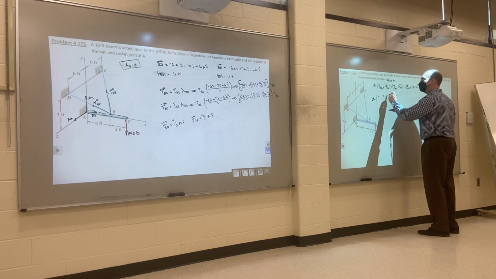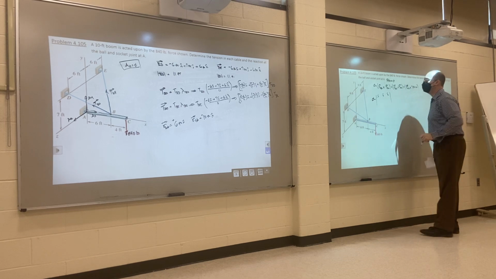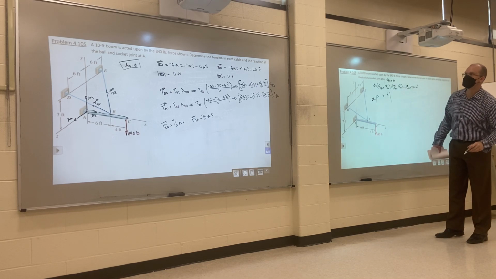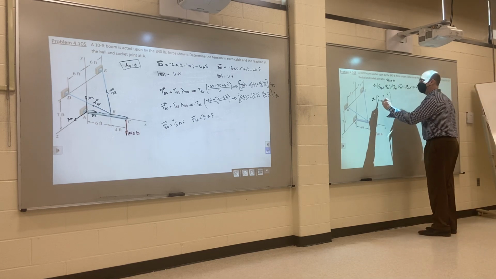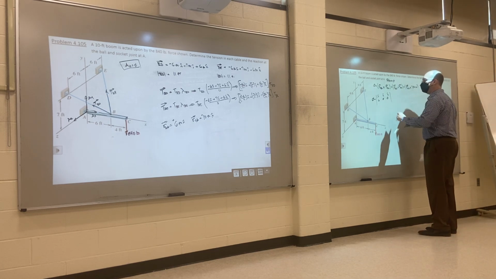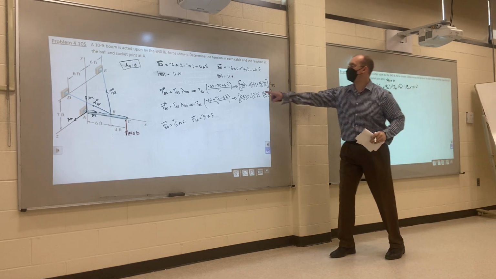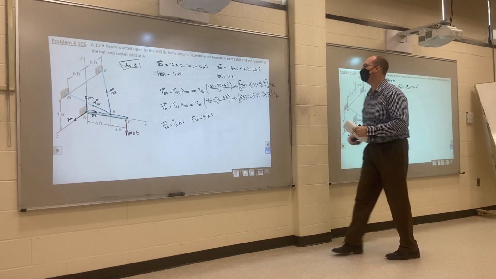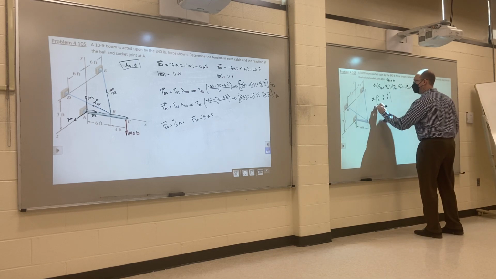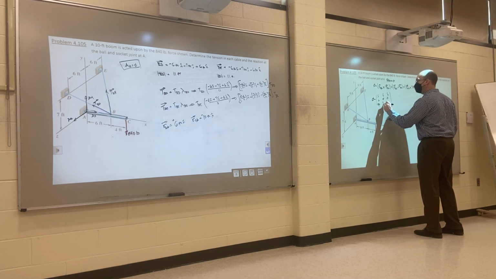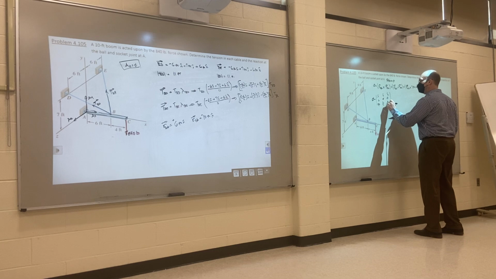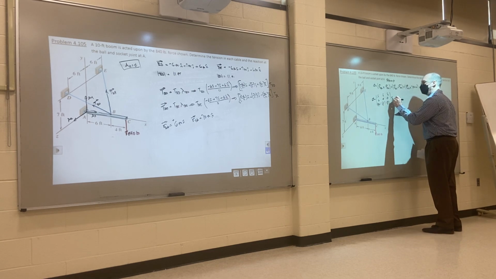i, j, k. RB with respect to A, we just said it was 6 feet, right? 6, 0, 0, and the components of TBD are negative 6, positive 7, and positive 6. Negative 6/11ths, 7/11ths, and 6/11ths, right? And I'll just put the constant outside here, TBD.